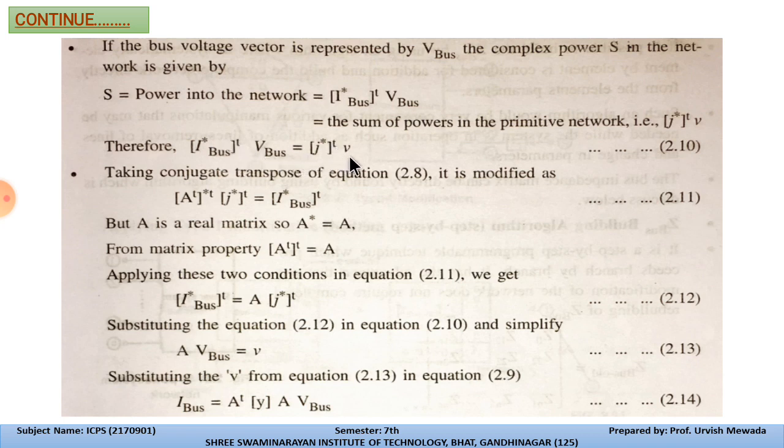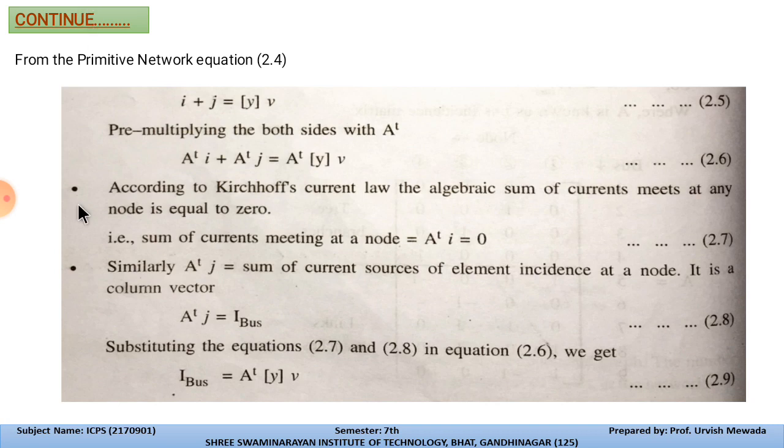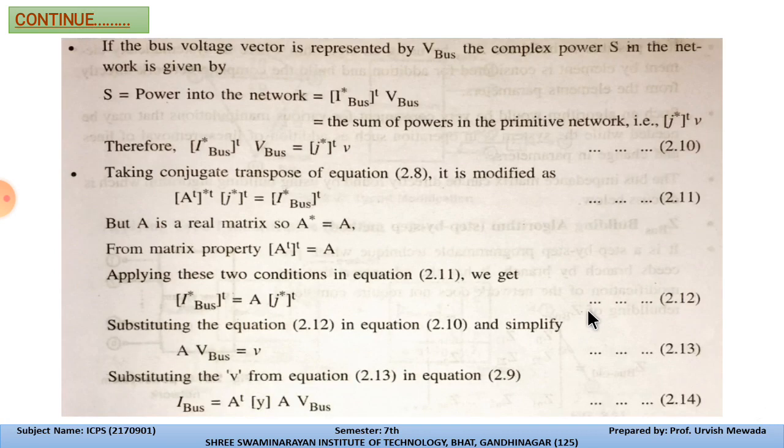conjugate transpose into V. So taking the conjugate transpose of equation 2.8, it is modified as, we know the equation number 2.8. So from this we are taking the transposition over here. So this will become A transpose conjugate transpose into J conjugate transpose is equal to I conjugate bus transpose.